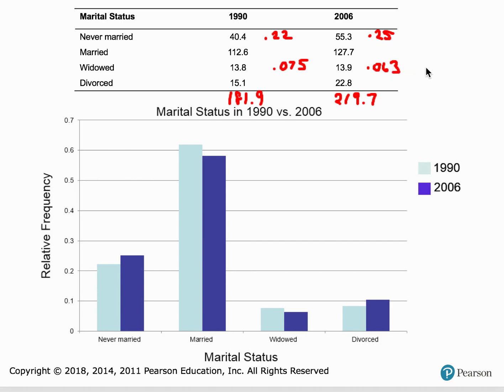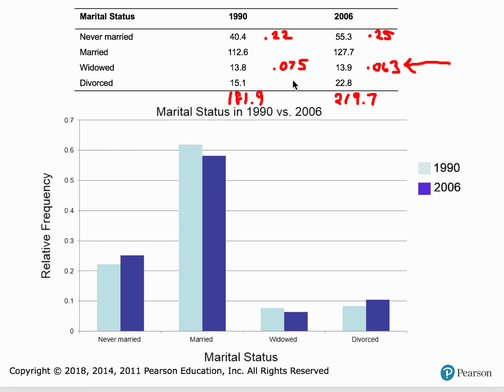So this is why you need to use relative frequencies if you're doing a side-by-side comparison bar graph. If I use the numerical values, this is a smaller number in 1990, but proportionally it's a larger percentage of the total population.